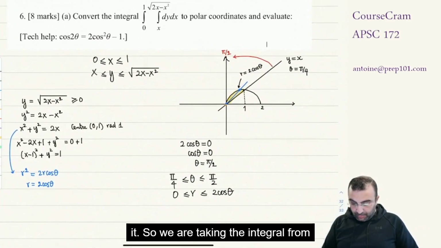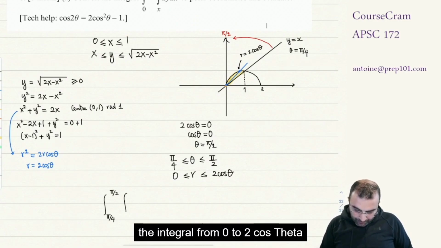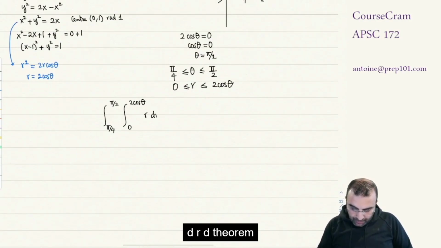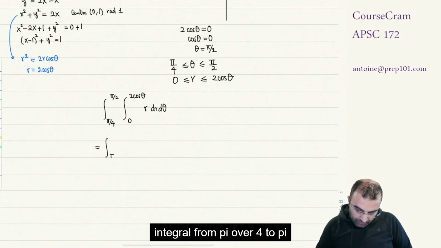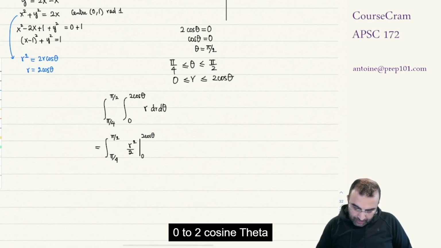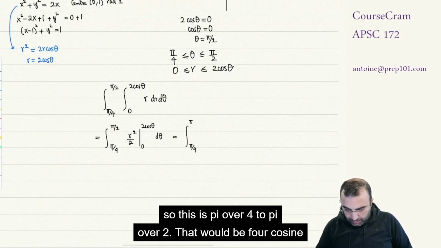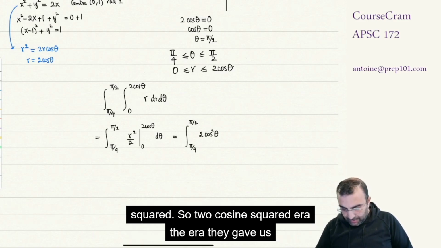So we're taking the integral from pi over 4 to pi over 2, the integral from 0 to 2 cos theta, and dy dx is going to be r dr d theta. So let's evaluate this. This would be the integral from pi over 4 to pi over 2 of r squared over 2, from 0 to 2 cosine theta, d theta. So this is pi over 4 to pi over 2, that would be 4 cosine squared over 2, so 2 cosine squared theta d theta.